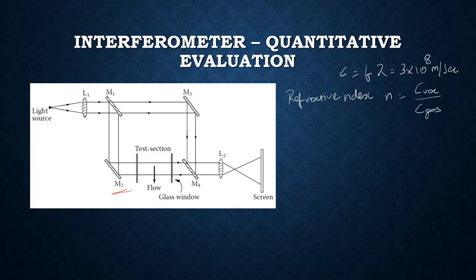You are placing the test section between these two mirrors. When flow suddenly occurs within this test section range, the speed of the gas is recorded, that is, light speed is entering into the gas.